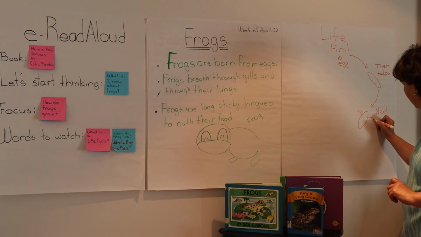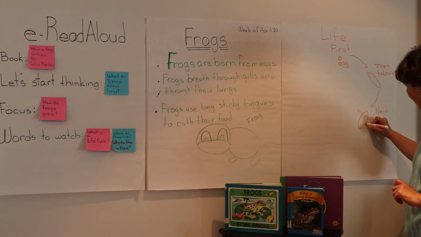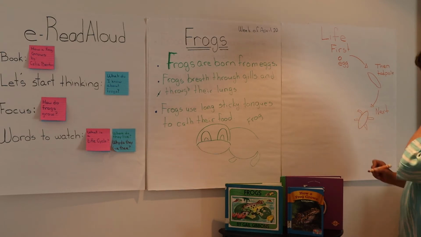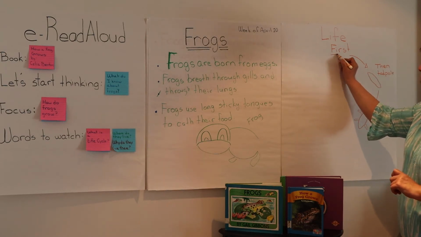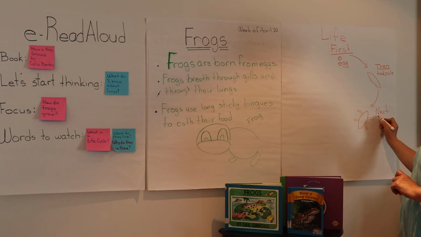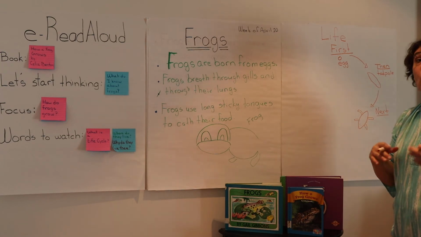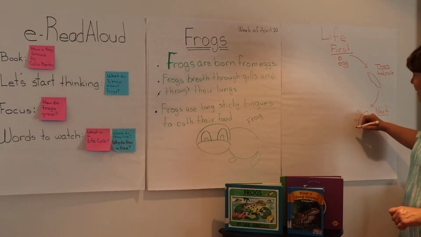Ooh, Miss Arias is not the greatest at this, and some front legs, right? But there's my transition word. Can you see it? First, then, next. It's helping me know what comes next in the life cycle.